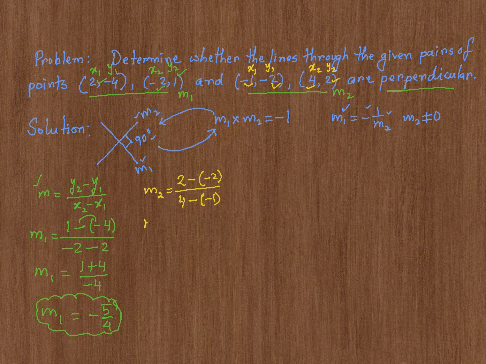And if I simplify it further, I get m2 is equal to 2 plus 2, because these two negatives are going to make it positive. And in the denominator, the same thing, two negatives going to make it positive, 4 plus 1, which tells me m2 is equal to 4 over 5.